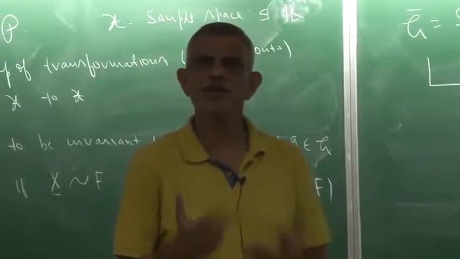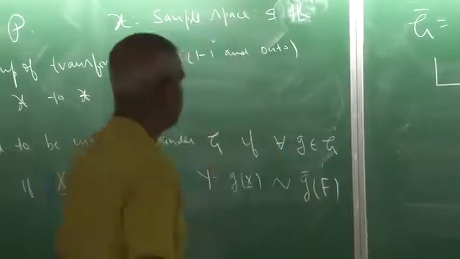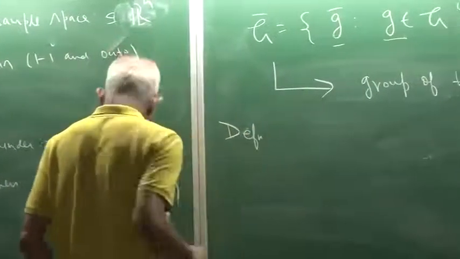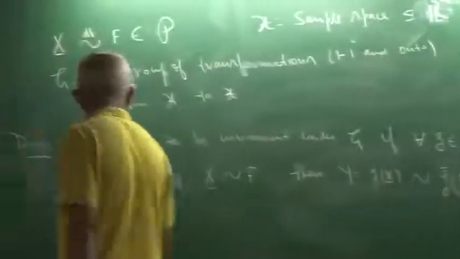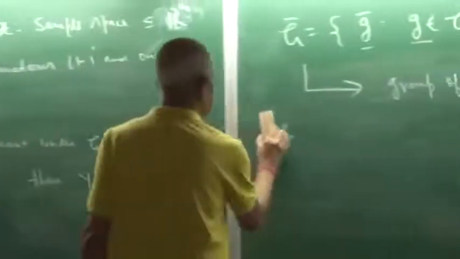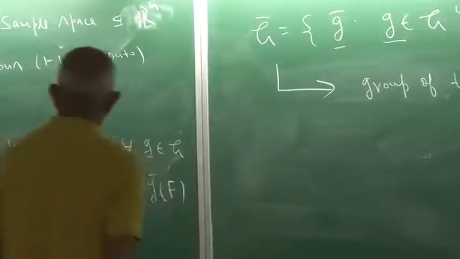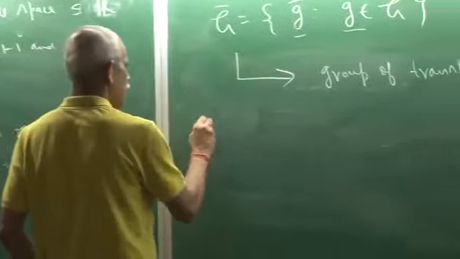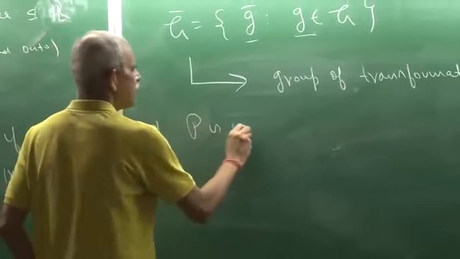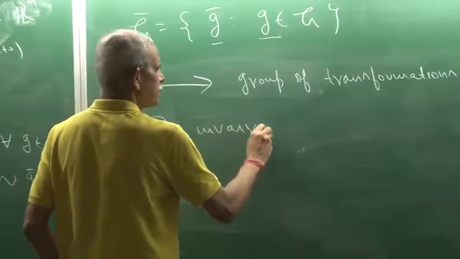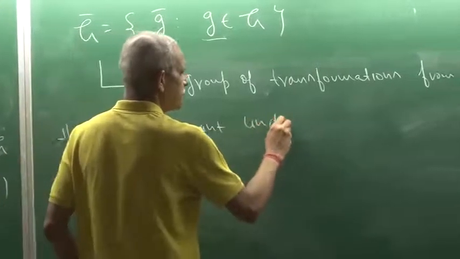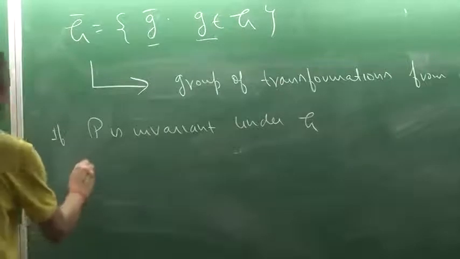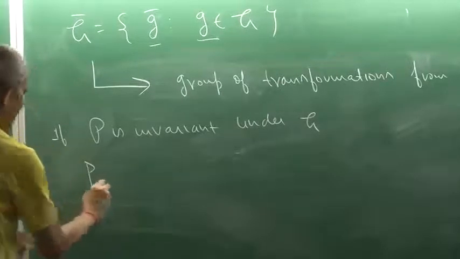Now I can talk about my loss function being invariant. But before that, let us try to understand this. If P is invariant under G, let us see what the probability is when x has f.